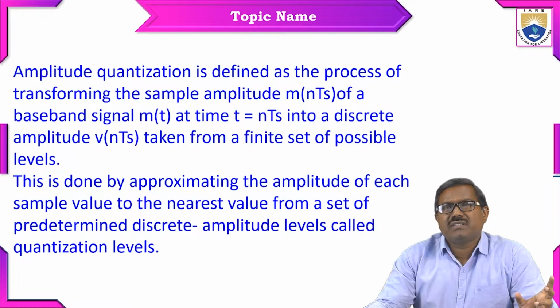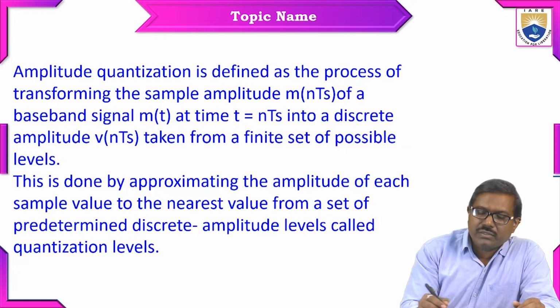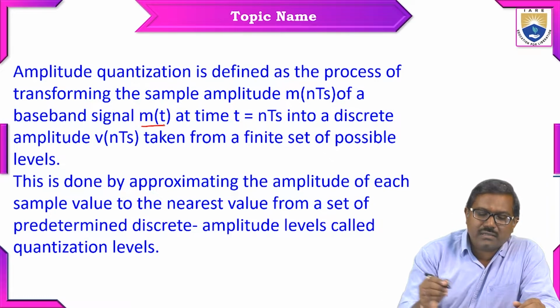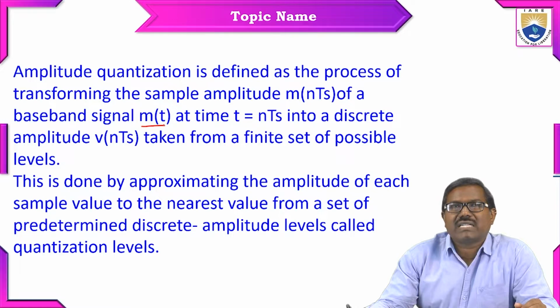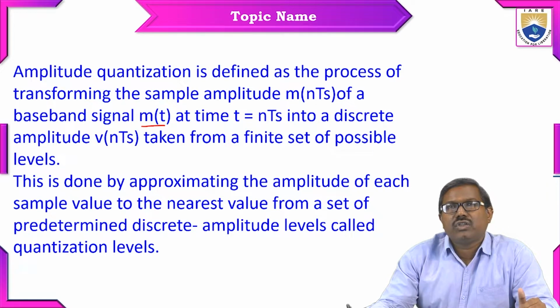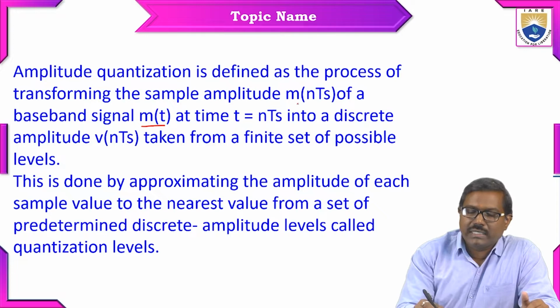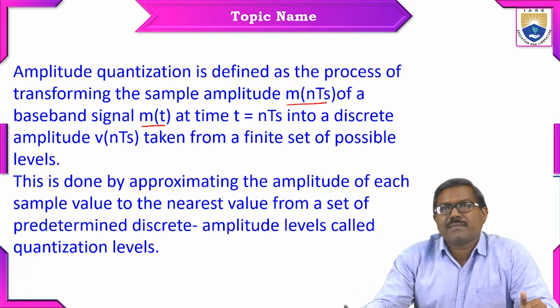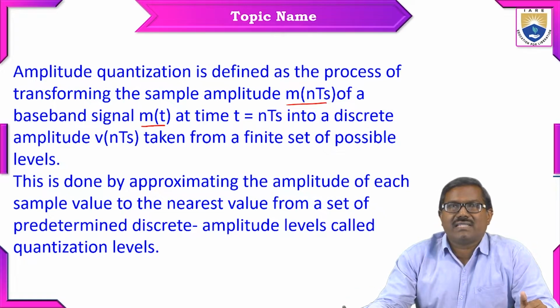By applying this message signal m of t to the sampler, it is converted into m of nTs. Students, you can recognize that m of t is continuous. By applying this continuous signal to the sampler, the sampled version m of nTs comes out.